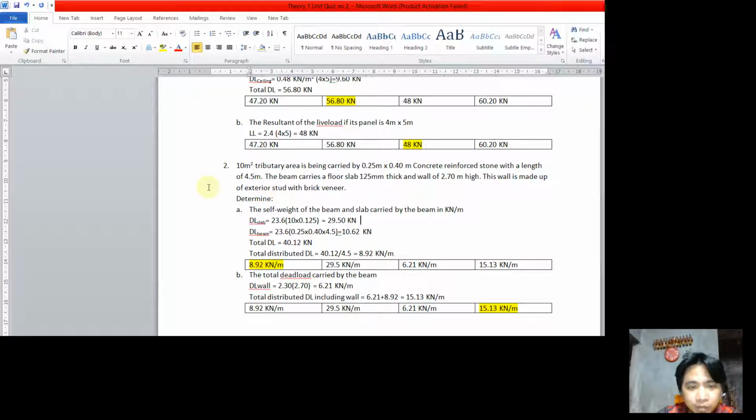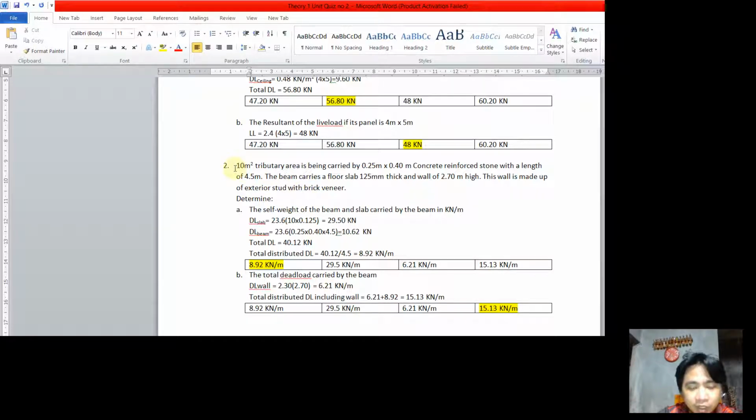And then for the beam itself, again, it is also 23.6 times the volume of the concrete. This is the cross-sectional area, 0.25 by 0.4 rectangular area times the length of 4.5. So that will be 10.62 kilonewton for the self-weight of the beam. So the total is 40.12 kilonewton.